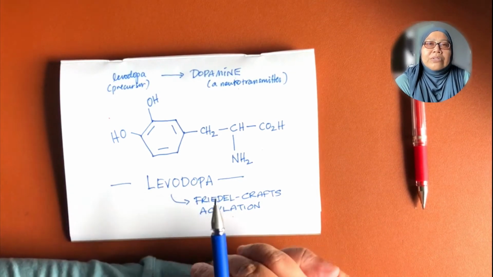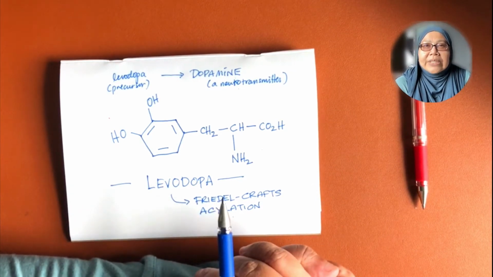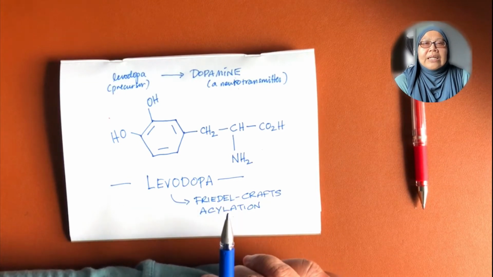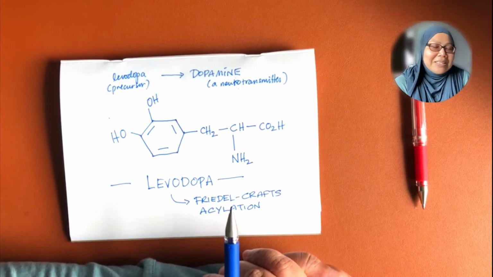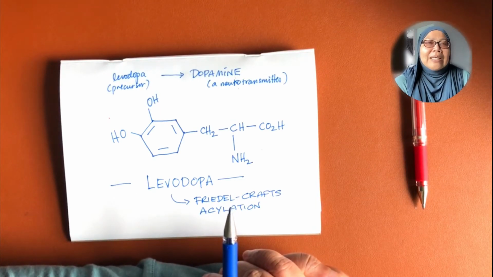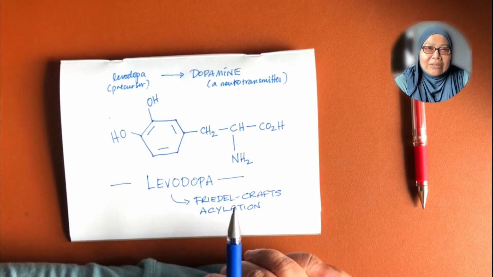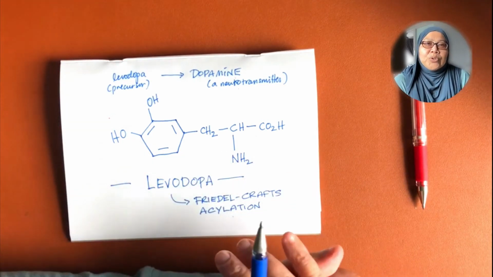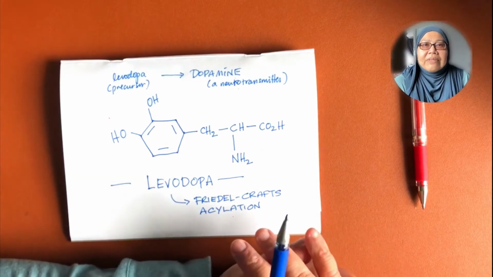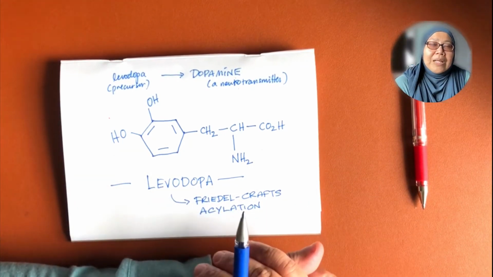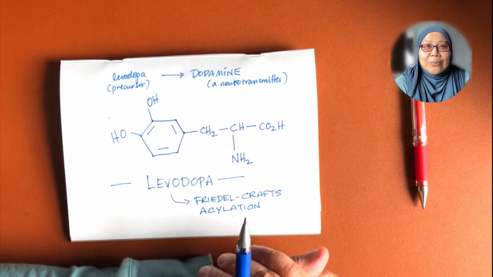The real cause of this deficiency in dopamine is really not yet discovered. The research is still ongoing. We still don't know the exact cause of it. So how do we treat patients with Parkinsonism? That is by giving them levodopa, loads of levodopa.